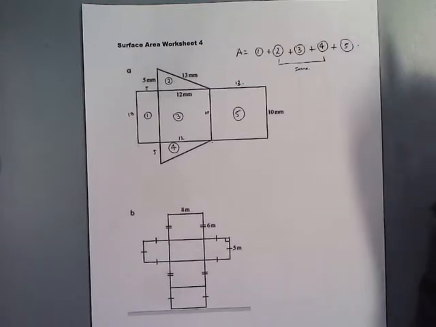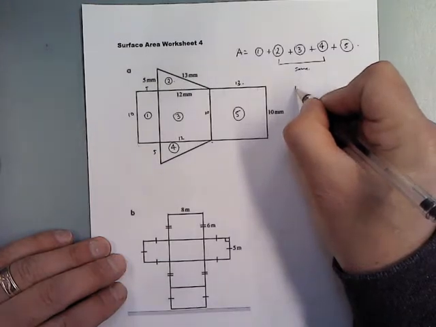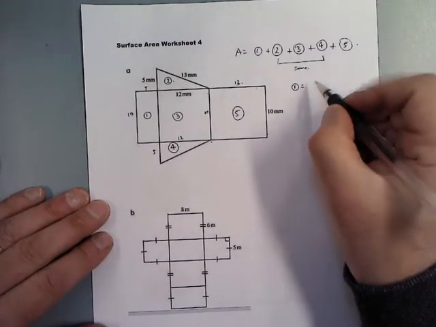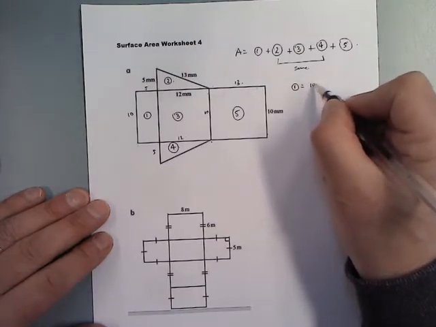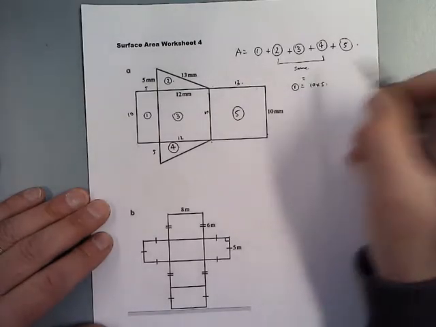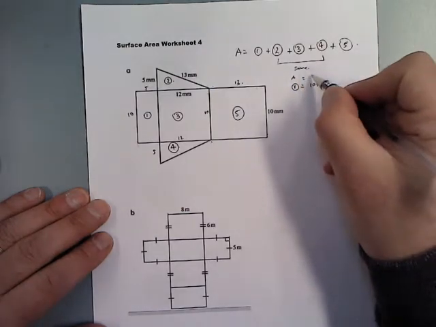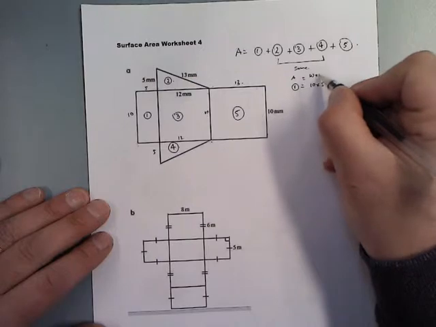The area of 1 will be 10 times 5, or if you remember from your formulas previously, the area will be the width times the length.